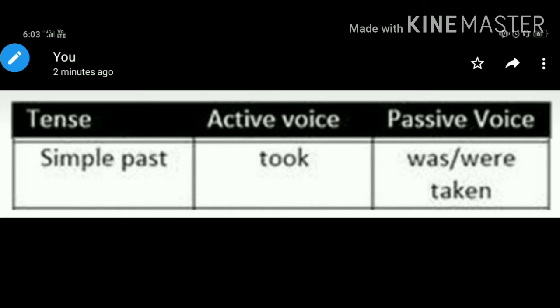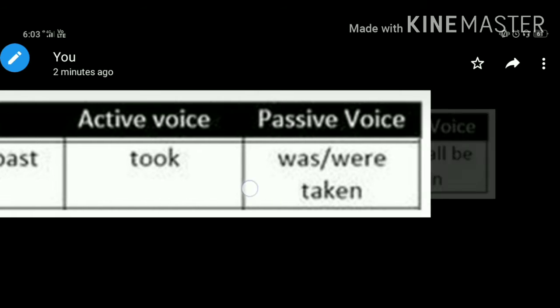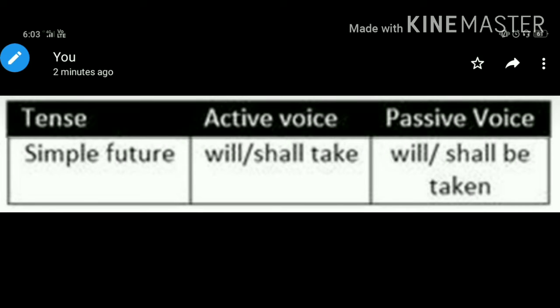Take, took, taken, that is the third form of verb. And when it comes to simple future tense in active voice, if you have will take or shall take, in passive voice it would change into will be taken and shall be taken.